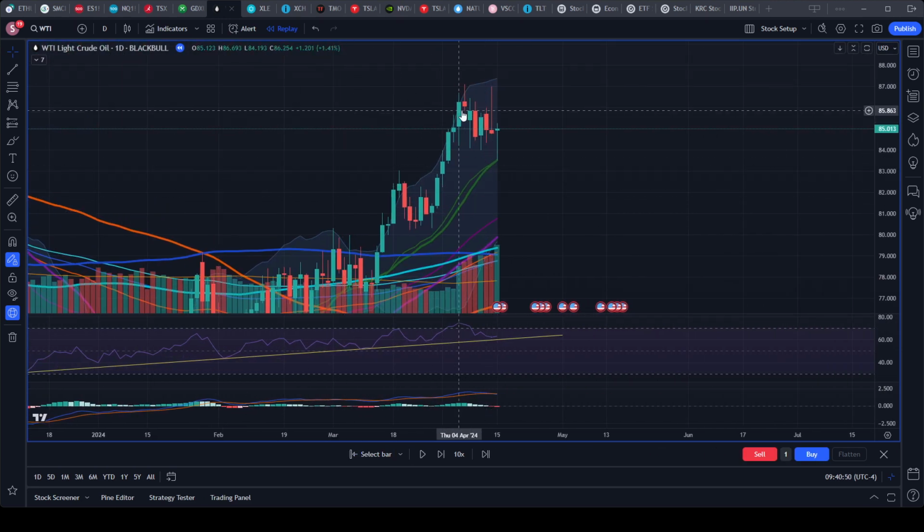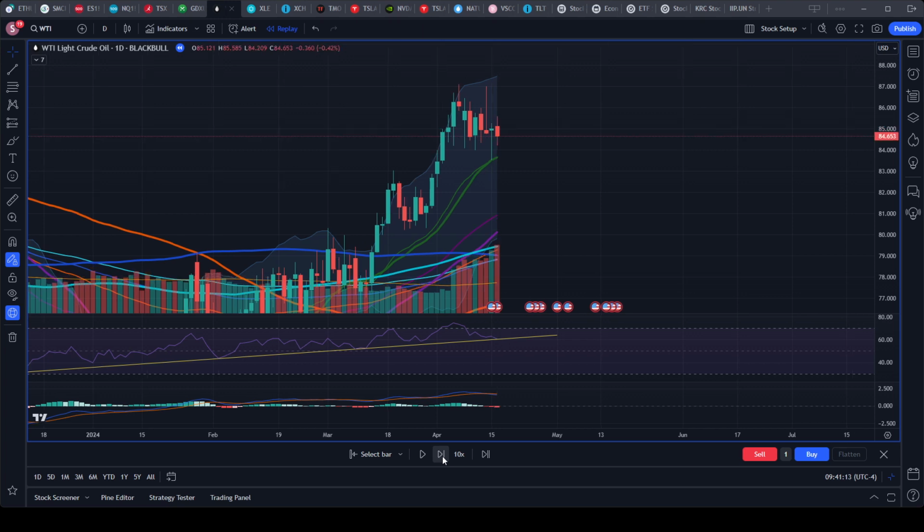So here we have what looks like a bull flag, with the daily candle being supported by the 20-day exponential moving average and 20-day simple moving average. If this is a bull flag, then the next candle we should be expecting is a green candle for continuation to the upside. But instead, what we have is a red candle. So this is a pretty bad sign.